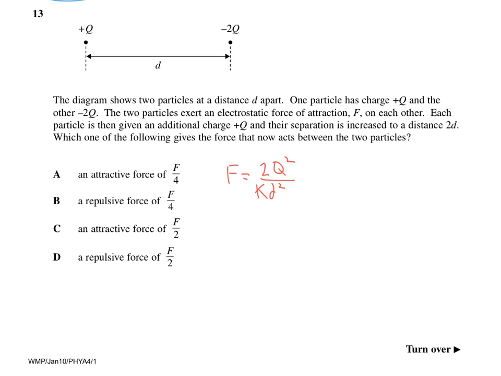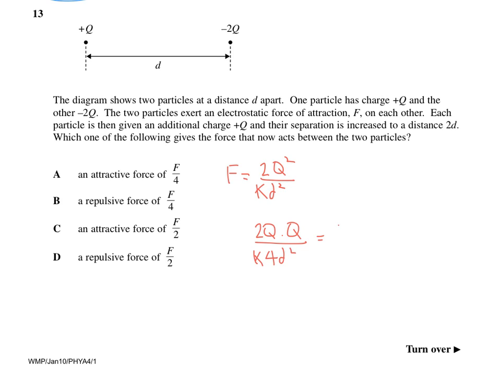So the new one, if you increase q by q, you'd get 2q. If you increase minus 2q by q, you'd get minus q. And we've doubled the distance, so we'd end up with k over 4d squared. So what's that?